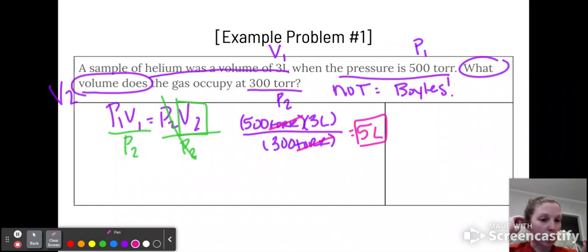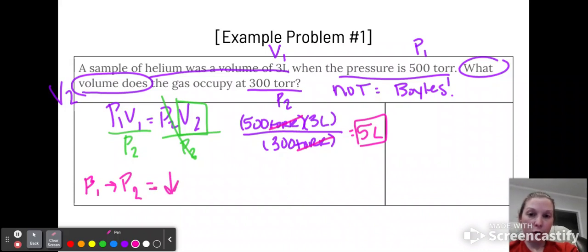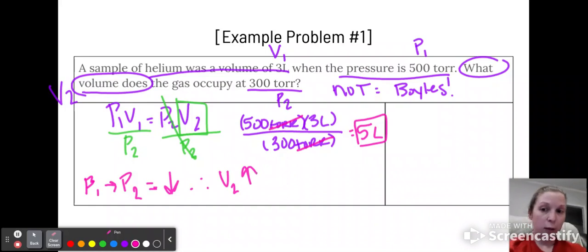So we know that pressure and volume are inversely related. When one goes up, the other goes down. From P1 to P2, there is a decrease in pressure, right? We went from 500 to 300. Therefore, 3 dots in a triangle mean therefore, your V2 should be greater than your V1, because if we decrease pressure, we're going to increase volume.